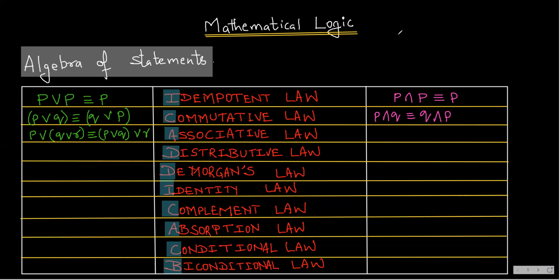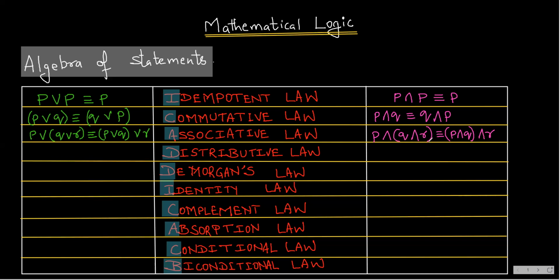Now, associative law, I will write with conjunction. So it says P and (Q and R) will be same as (P and Q) and R. They will have the same end result.